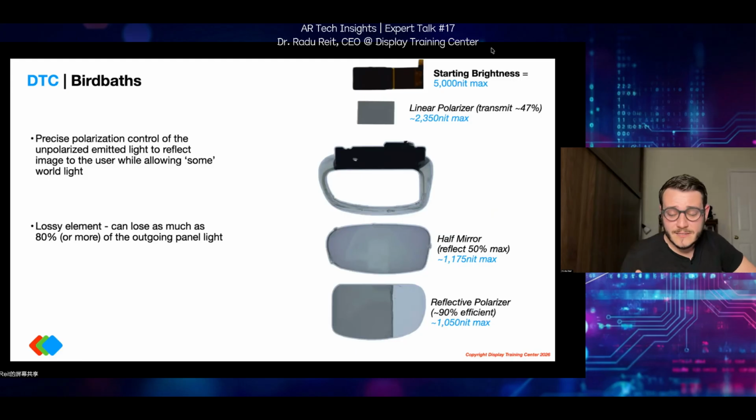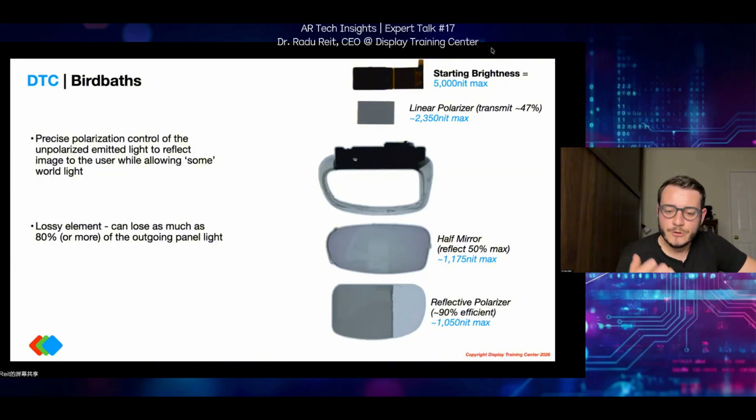What this causes us to do, though, is to lose a lot of light. This is a very lossy element, not as lossy as a diffractive optic, but we'll get there, where more than 80% of the light is generally lost throughout your birdbath element. There's one example here that I show, I believe this is the Xreal element, where you start with a 5,000 nit panel, but already you have to start linearly polarizing your outgoing display light.